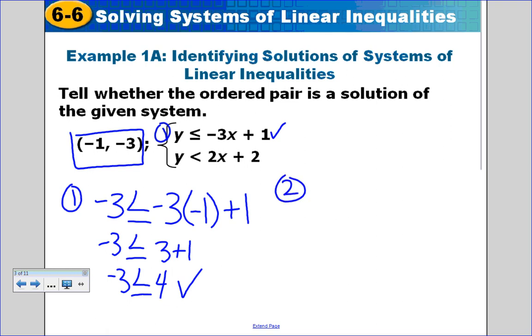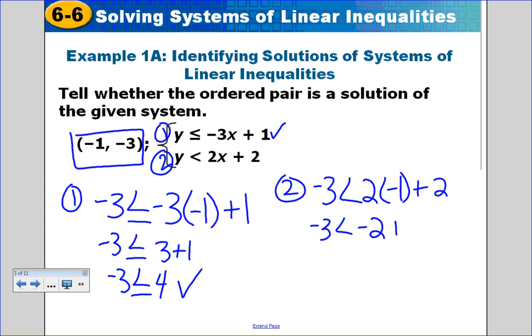I'm going to put a little check to remind myself it works for the first one. For the second equation, I'm just going to do the same thing. -3 is less than 2 times -1 plus 2. -3 is less than -2 plus 2. -3 is less than 0. Is that true? Yes. Therefore, we would say (-1, -3) is a solution.